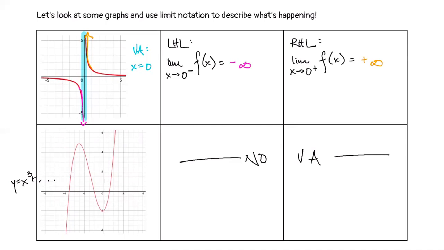Does anyone happen to remember what the equation for the first one is here that we looked at, that first picture? Y equals 1 over x. Yeah, okay. Someone tell me, this y equals 1 over x. What is the degree on the top?